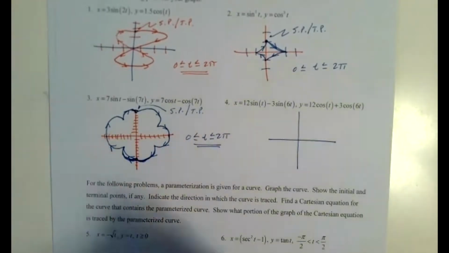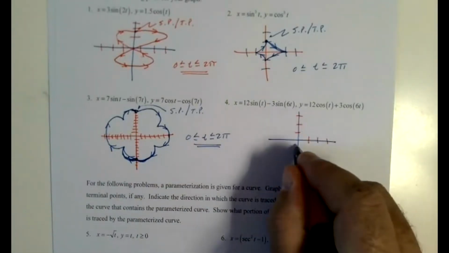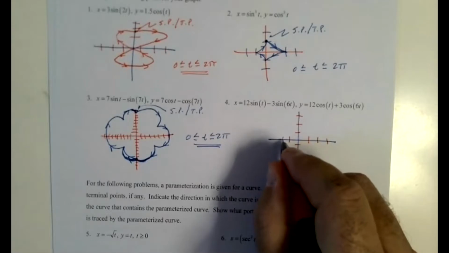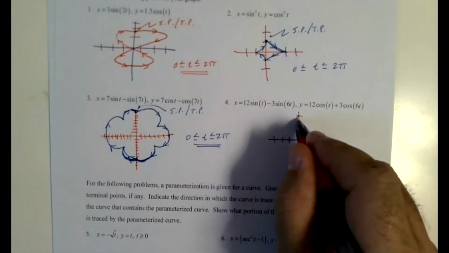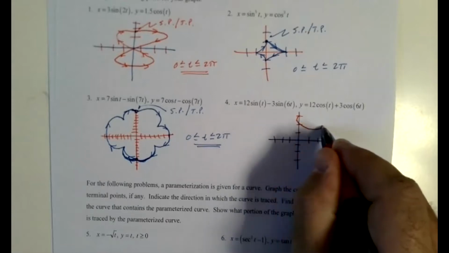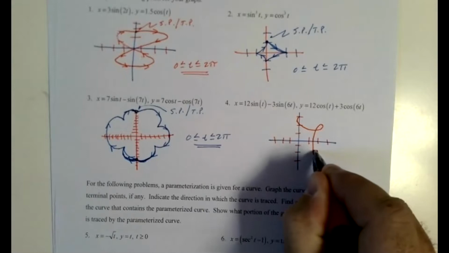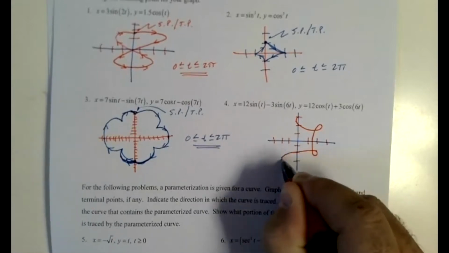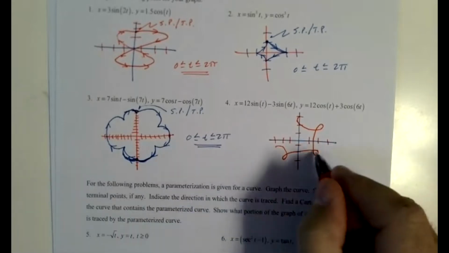And this one's even weirder. Well, I guess that's all. Beauty's in the eye of the beholder sort of thing. It does this little, missed one of the loops here.